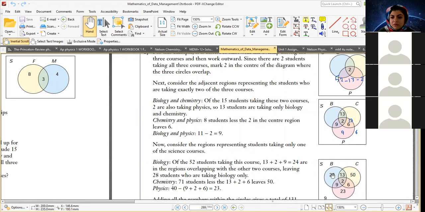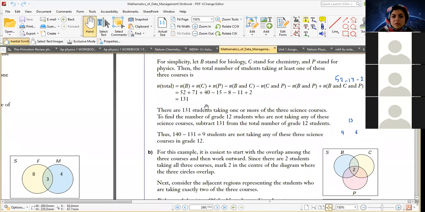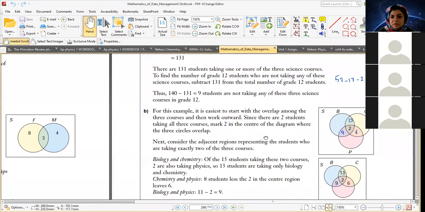For chemistry, there's 71 people doing chemistry. So for this area, 71 people doing chemistry. You have to say 71 minus 2 minus 6 to find how many students are doing just chemistry.